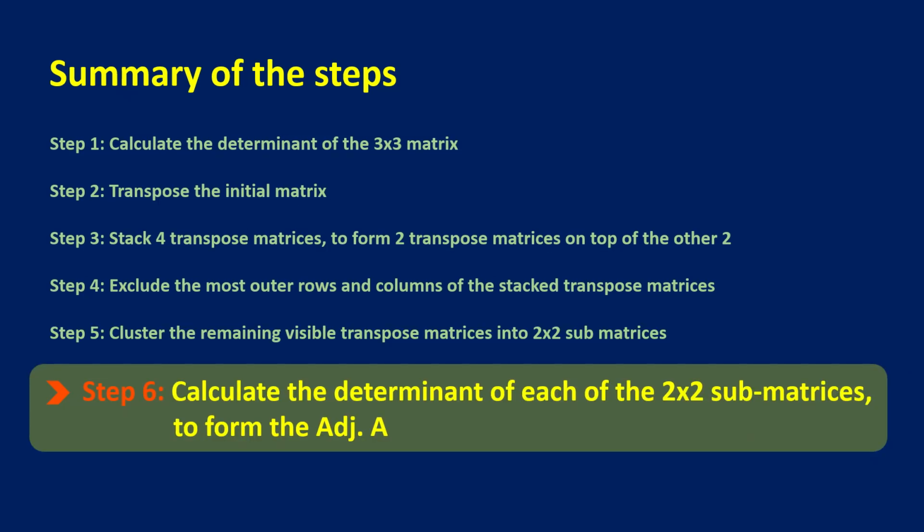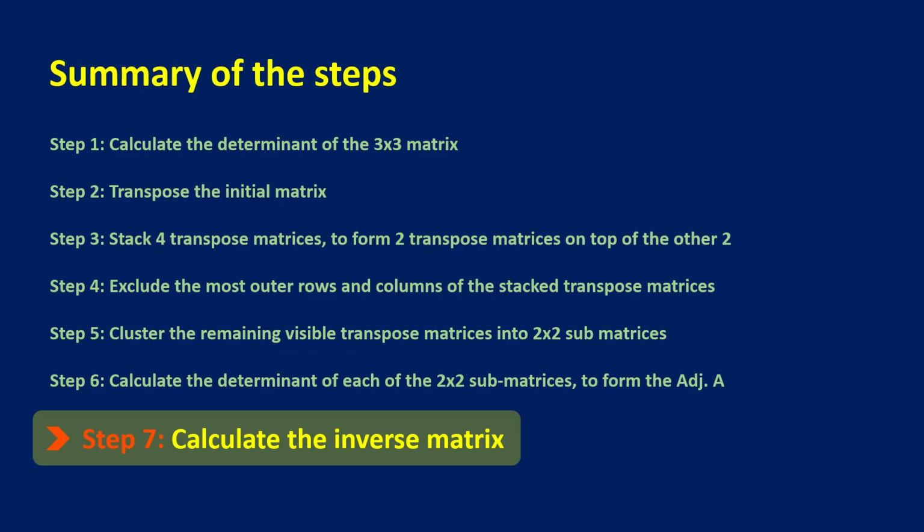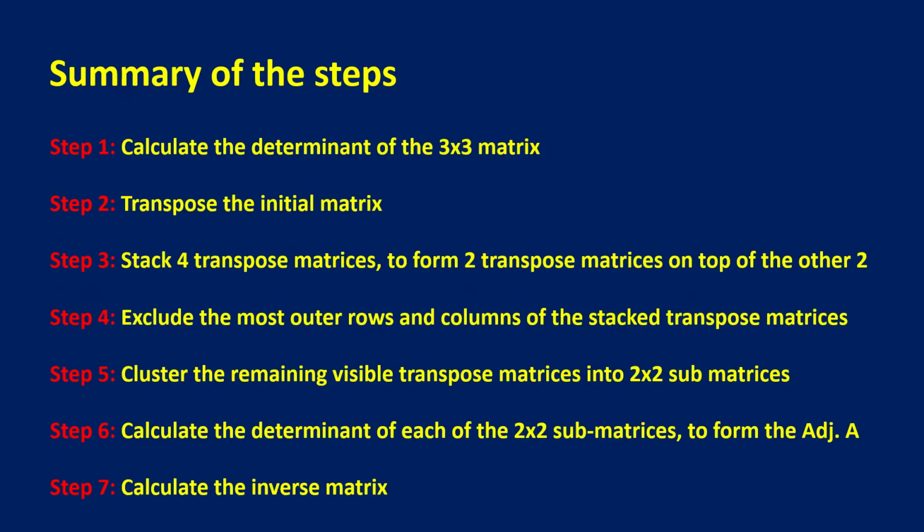Calculate the determinant of each of the 2 times 2 submatrices in order to form the adjoint A matrix. And the final step, step 7. Calculate the inverse matrix. Alright guys, here's a summary of the steps we have taken in finding the inverse of our initial square 3 by 3 matrix. Remember, we have used the method of a stack of transpose matrices.